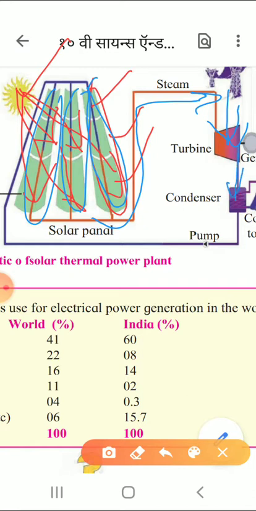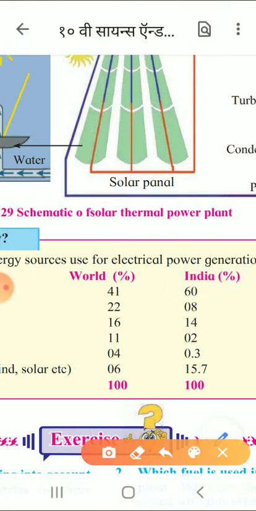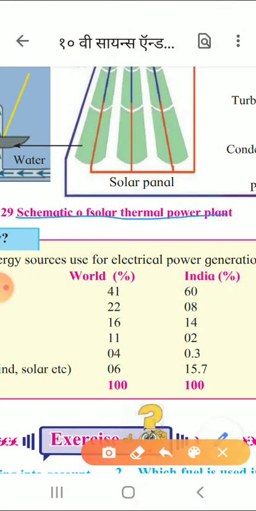Then it goes to the cooling condenser, where the steam is changed to water. Then it goes again into the system. So this way we can see that it is a schematic of the solar thermal power plant.